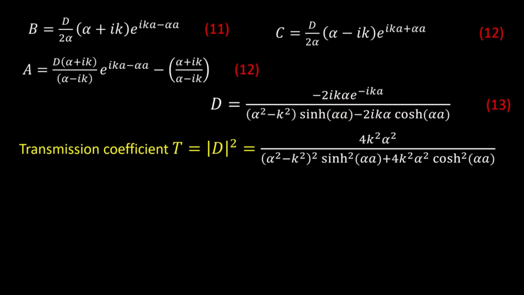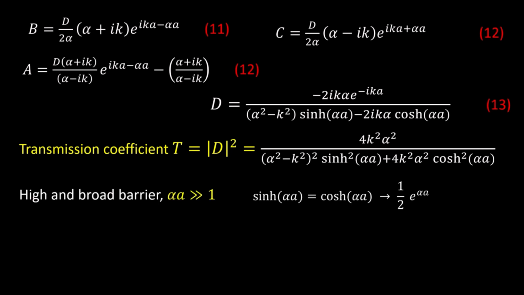If the barrier is very broad and high, then alpha a becomes a quantity much larger than 1, and hence the sinh and cosh terms appearing in this expression can be approximated as half e raised to alpha a. Then the transmission coefficient can be modified like this.